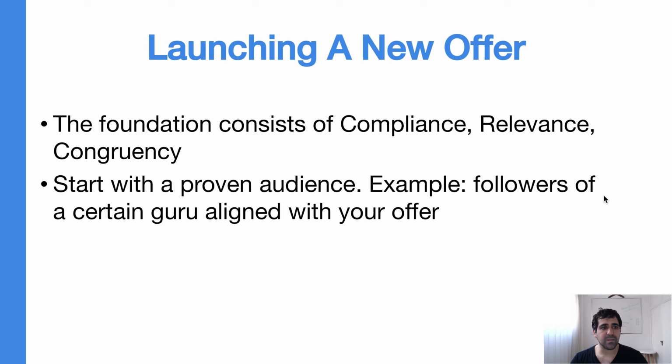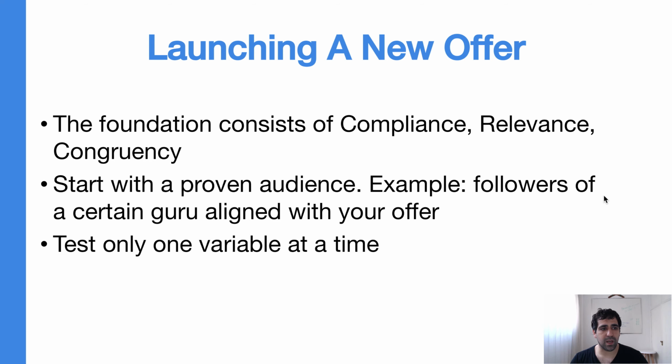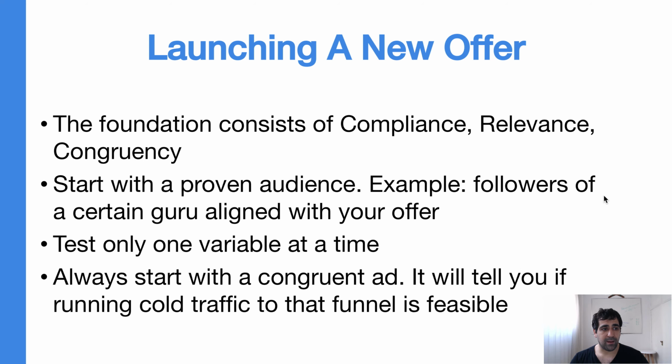That is how you start with a proven audience. Then you want to be testing only one variable at a time so that you can really know how that thing is working and if it needs to be improved. Otherwise, you are going to be running out of cash really quick.